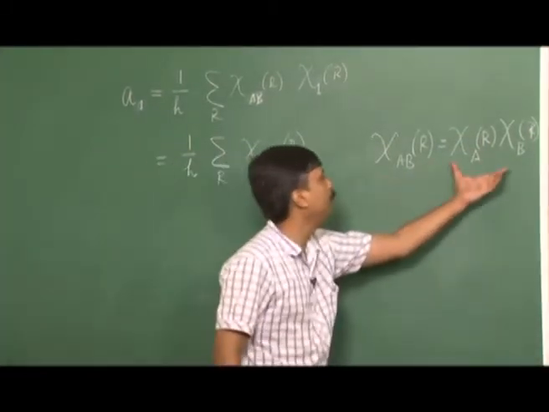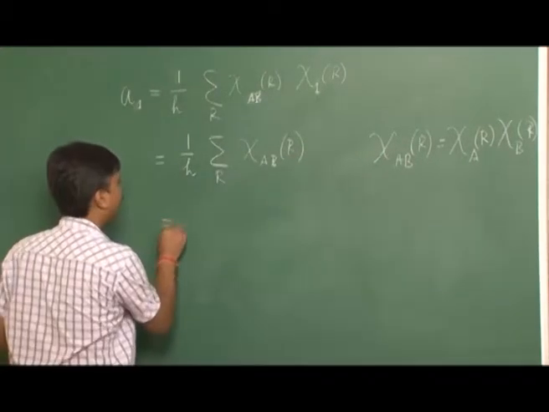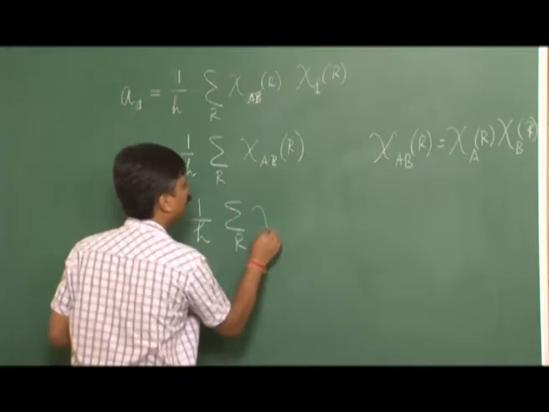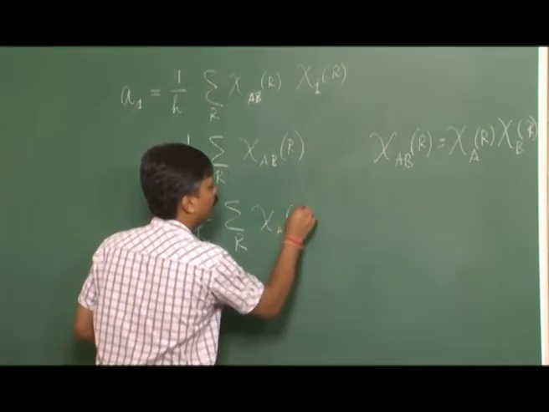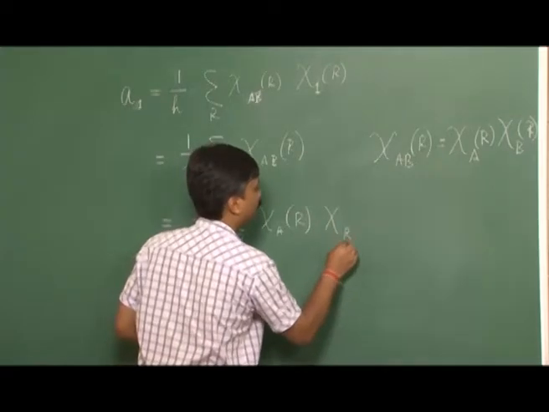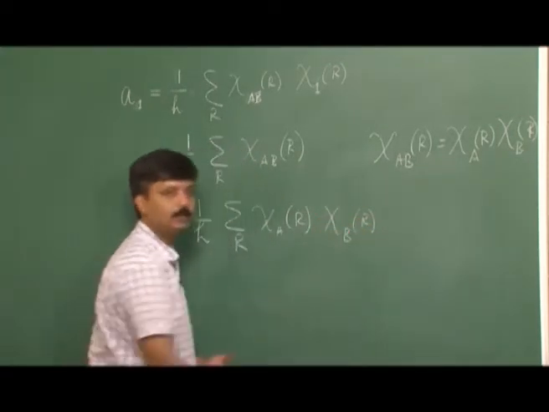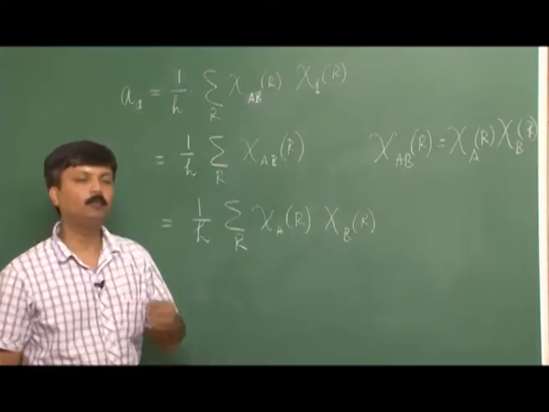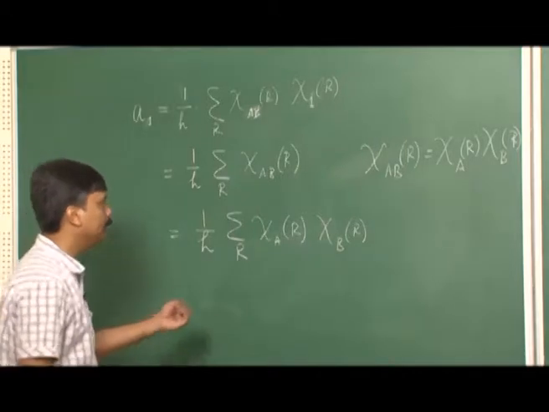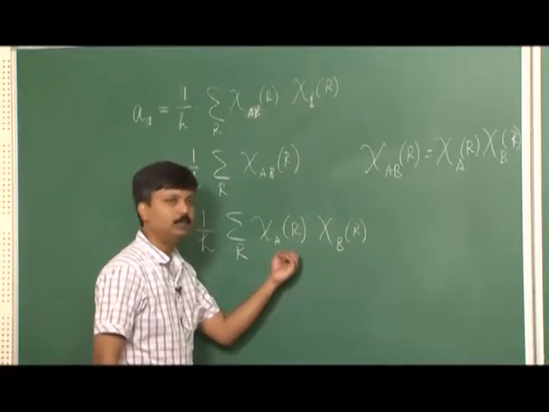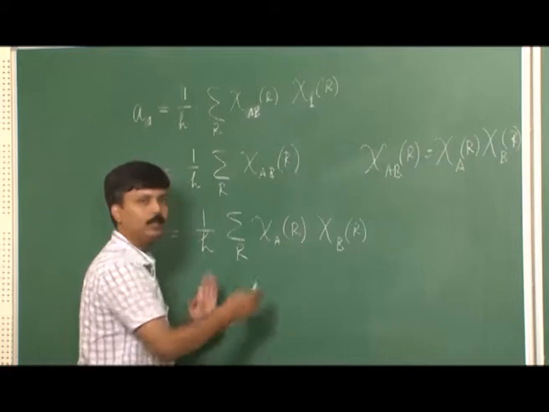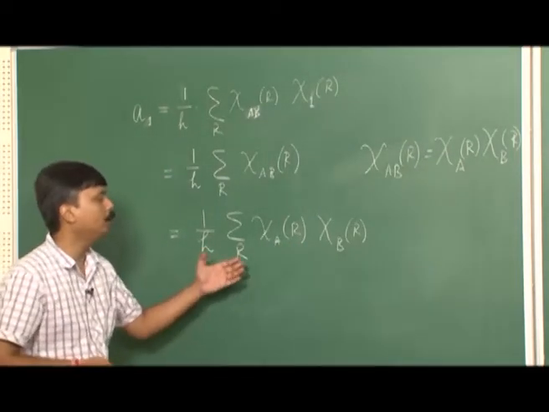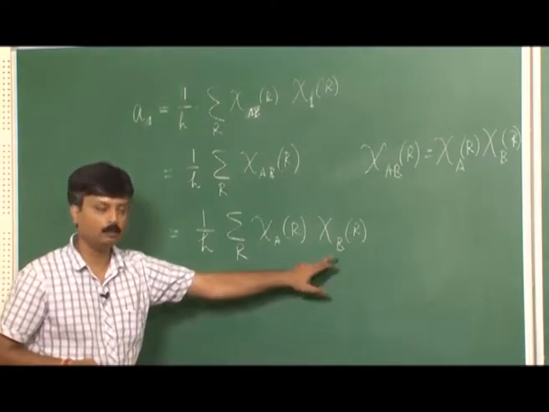So, if I replace that here, then what I get is this. Now, if I look at this from the great orthogonality theorem, I can easily say that this whole thing will be non-zero only when A equals B, correct.